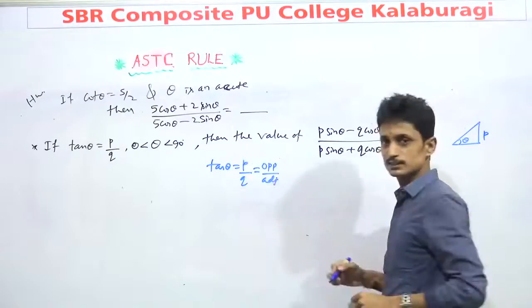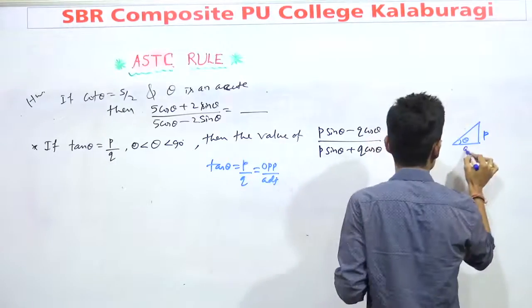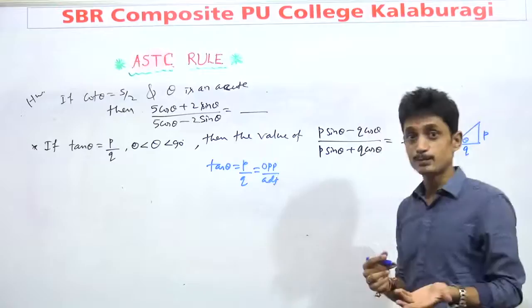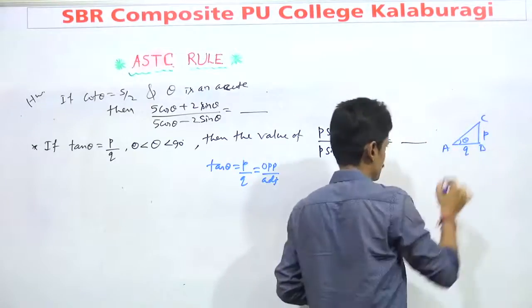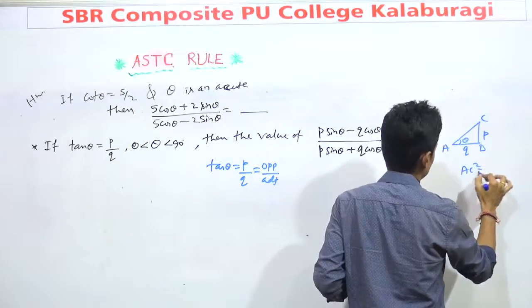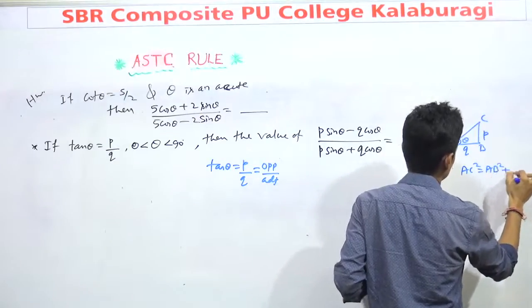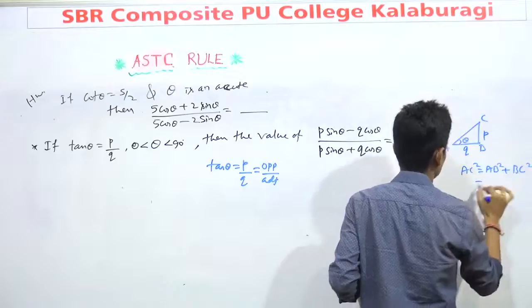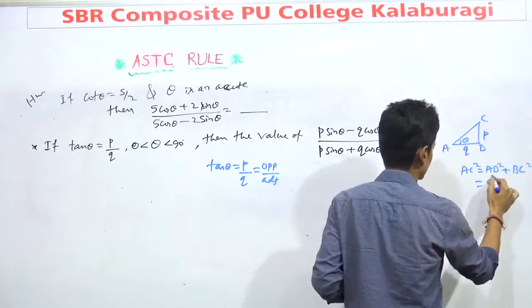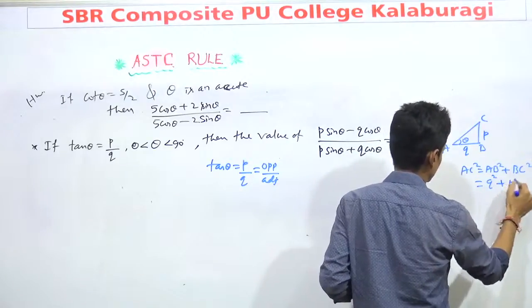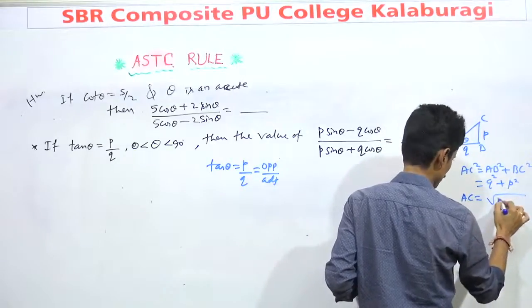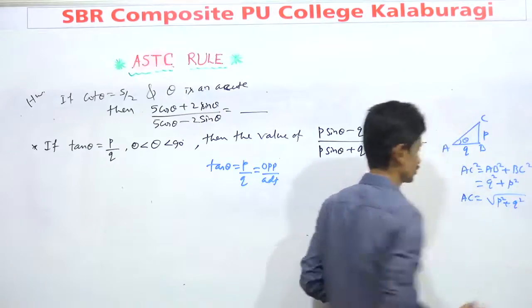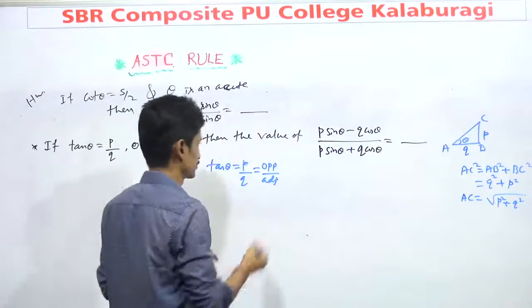What is the adjacent side? According to them, that is q. What would be the hypotenuse? That is simple. In triangle ABC, AC square equals AB square plus BC square. AB square is q square, BC square is p square, so finally AC is the square root of p square plus q square.